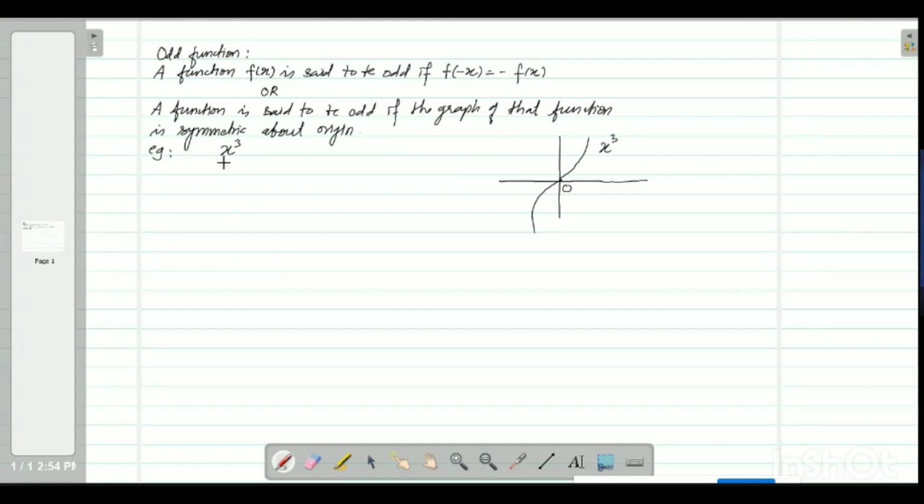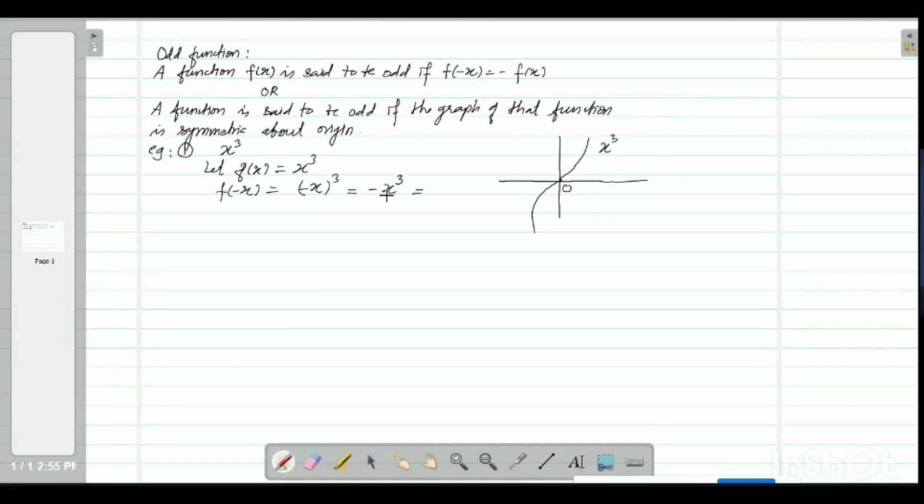So let f of x equal x cube. By this definition we are checking whether this function is even or odd. We replace x by minus x, so this equals minus x the whole cubed, which is minus x to the power 3.